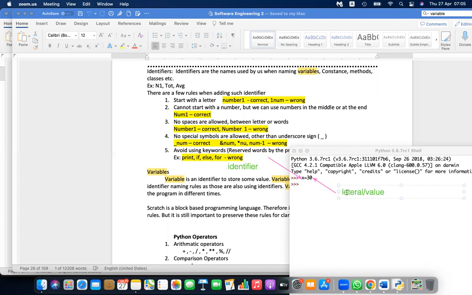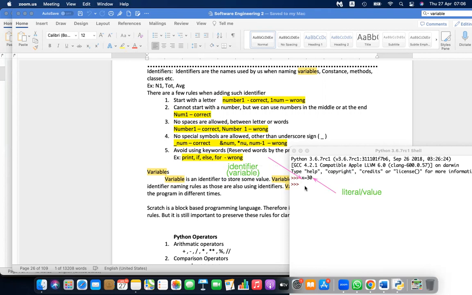Actually, since the value of x is subject to change in the middle, you can call it a variable too. This is a variable. Why is it a variable? It is subject to change. It can be changed in the middle of the program.